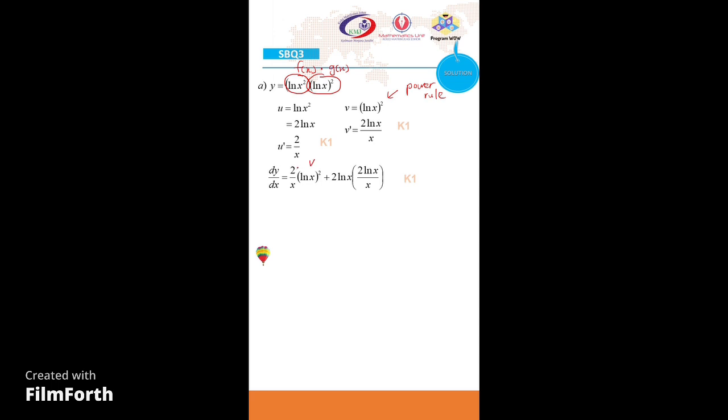So vu prime plus uv prime. So substitute into the formula, you will get 1 mark, and then you simplify, and then you get the last mark. So this is for the first derivative.